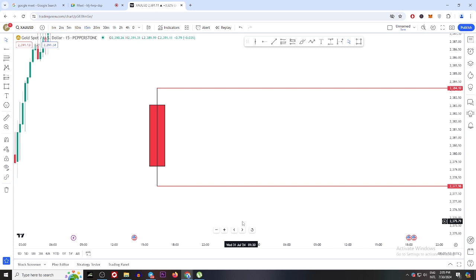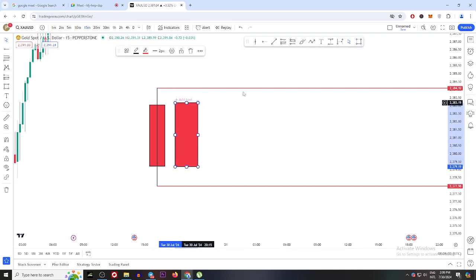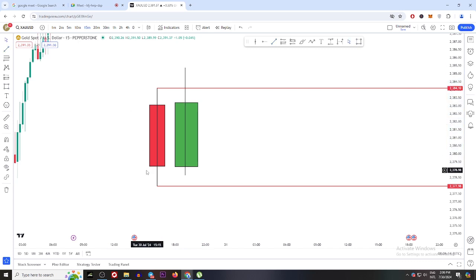Now, the rules we have: as it is a red candle, what will be the combination for it? Green color. So if we have a green candle here, can we call it an engulfing? Not yet. Can we call this an engulfing? Not yet.